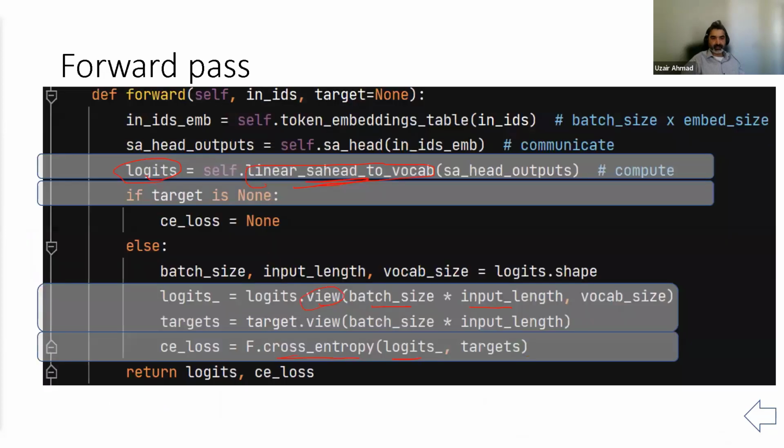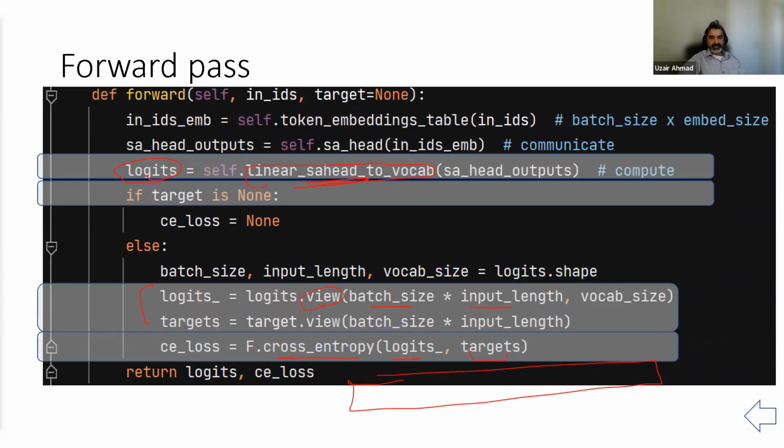So this is what we are doing in these 2 lines. Cross entropy does what? It tells us how far our estimates, our predictions, are from the actual targets. Target is just giving us the index of the next word, but logits is a vector of vocabulary size.